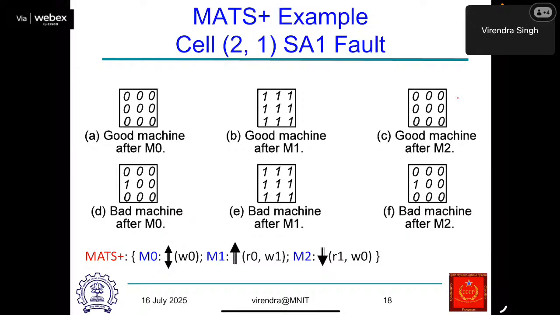If the machine is bad, in that case this first element, the 2 1 cell, is stuck at logic 1, and hence when you are writing in the first march M0, you may not be able to write onto this particular cell 2 1, because this cannot hold 0, this can only hold 1.